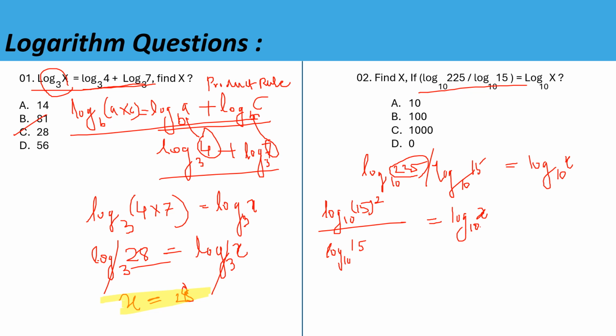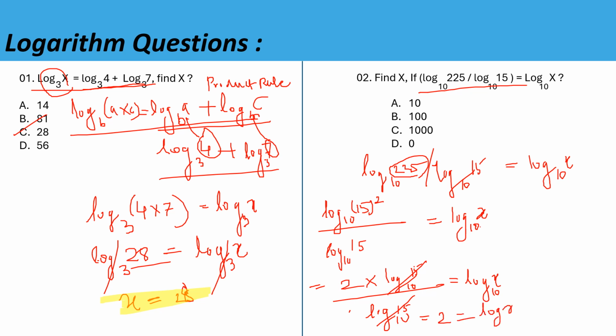Now again you can write this equation as 2 into log 15 to the base 10 and log 15 to the base 10. So this again will get cancelled and we have now what? Log of x to the base 10. So we have found this equation where 2 is equal to log of x to the base 10.